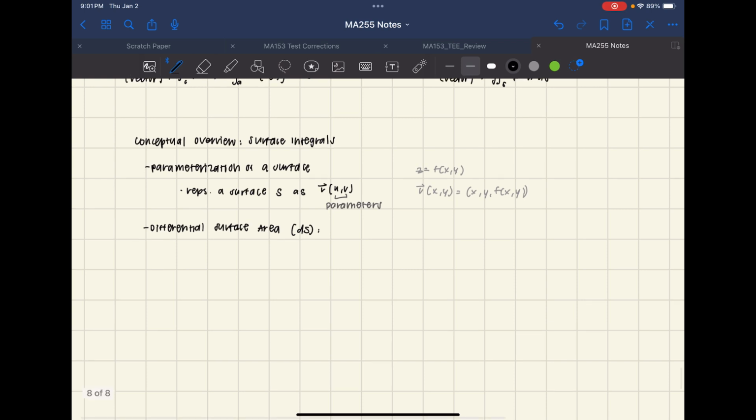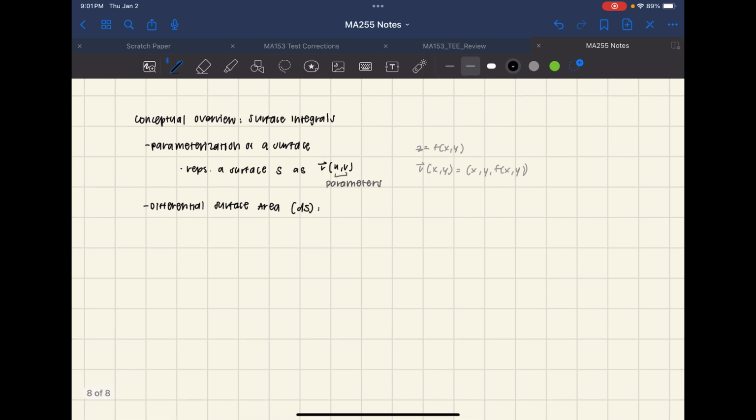Where the surface element dS is derived using the cross product of the partial derivatives.